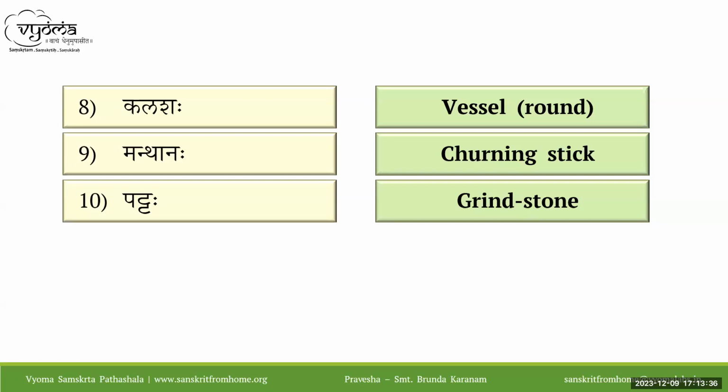It could also be two flat grinding stones placed one on top of the other. So there are different means of powdering.